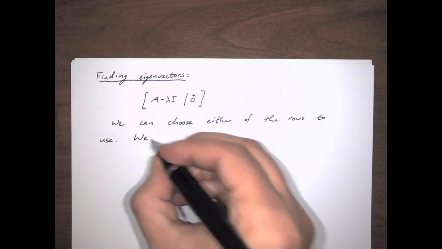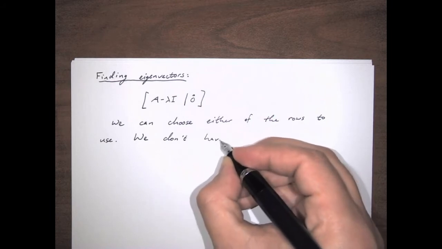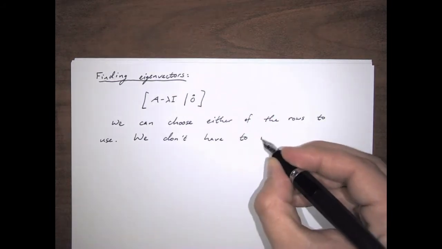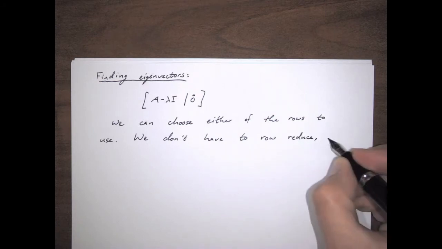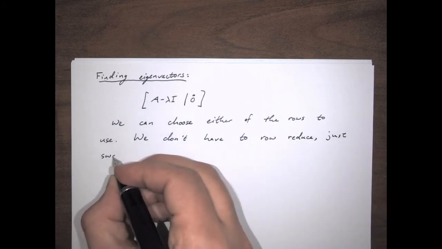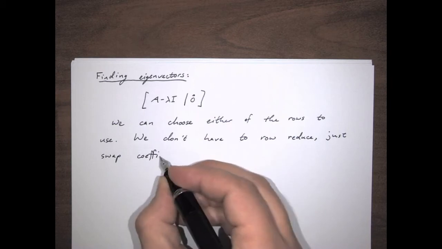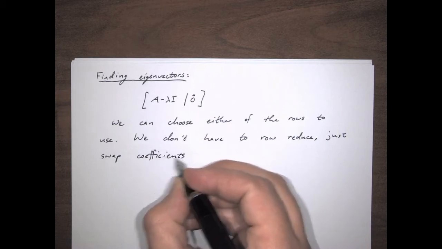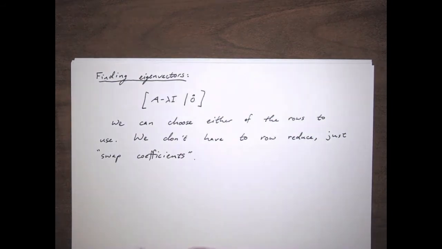So we don't have to row reduce. Just swap coefficients.